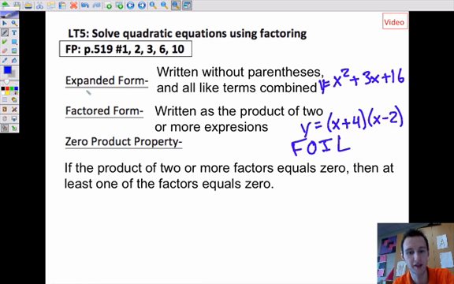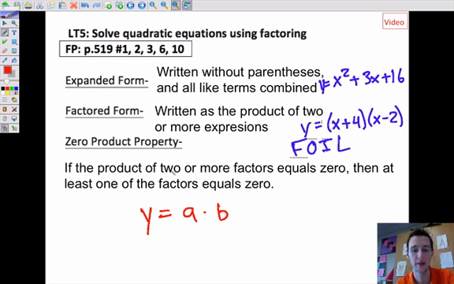Okay, the zero product property is really important. It says if the product of two or more factors equals 0, then at least one of those factors equals 0. So if you have something like this, maybe you have an equation y equals a times b, just any two things.